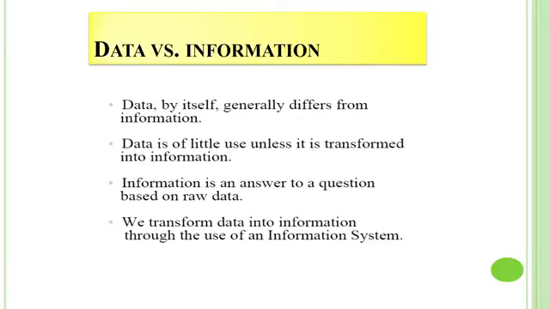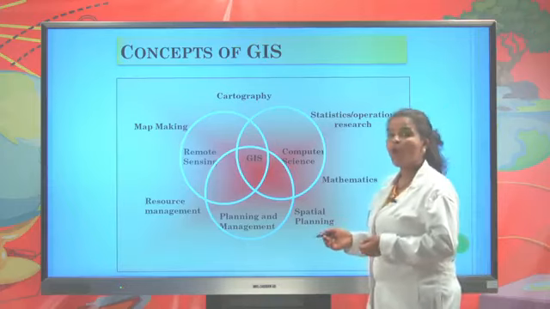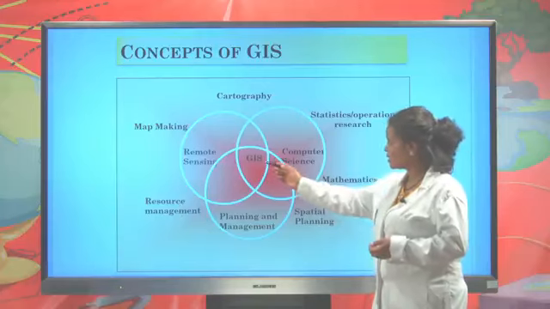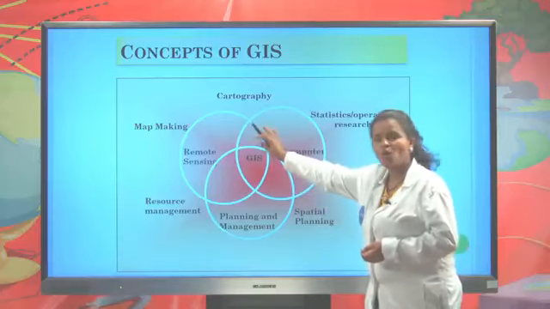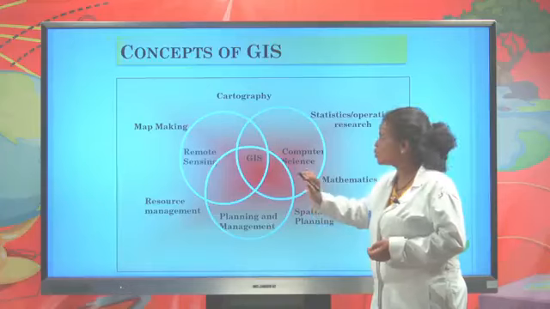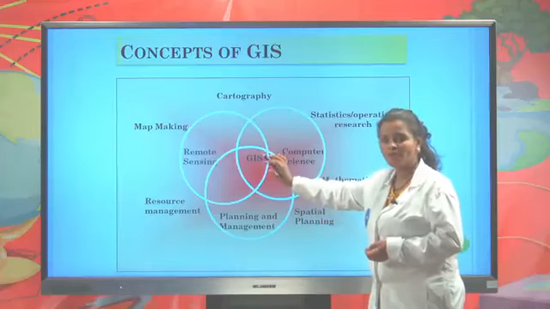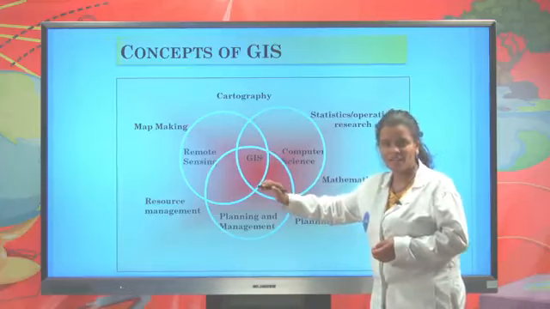We transform data into information by using an information system. GIS is a core for all disciplines, as we have seen, to solve different problems and analyze data.